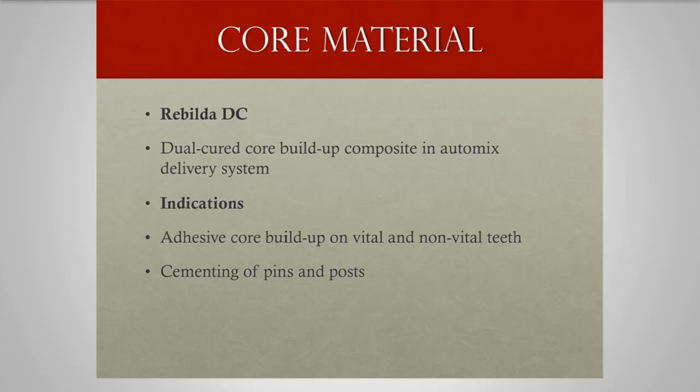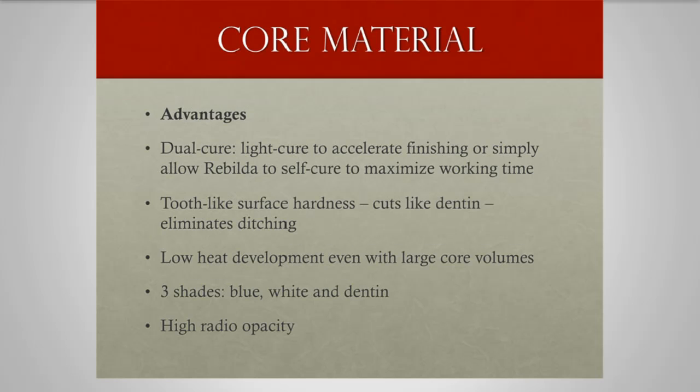So I use Rebuild-A DC, which is a dual cure composite in an auto mix gun, and we then started to build it up. Again, dual cure so that if there's something deep, I know it's going to set, because what I don't want is areas of unset material somewhere deeper in these preparations, which could be an area for failure.